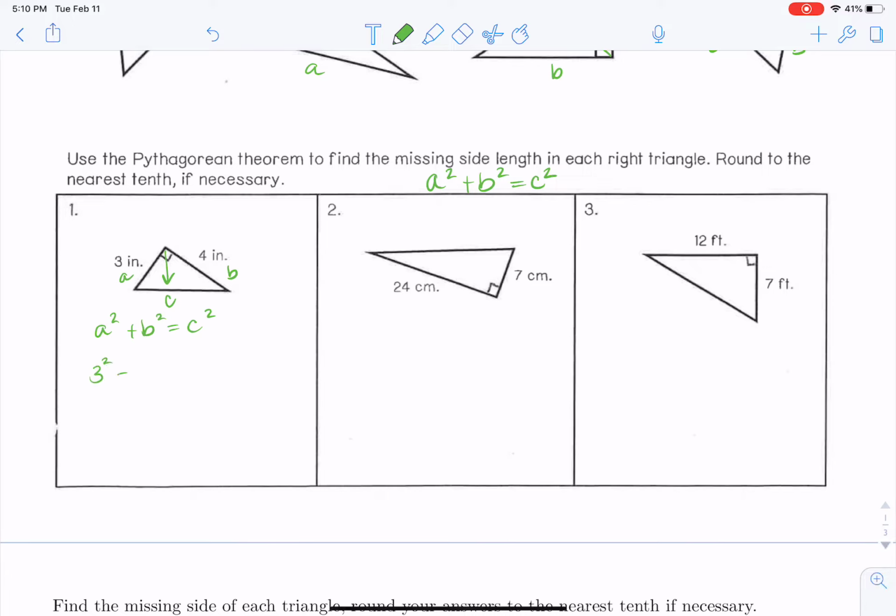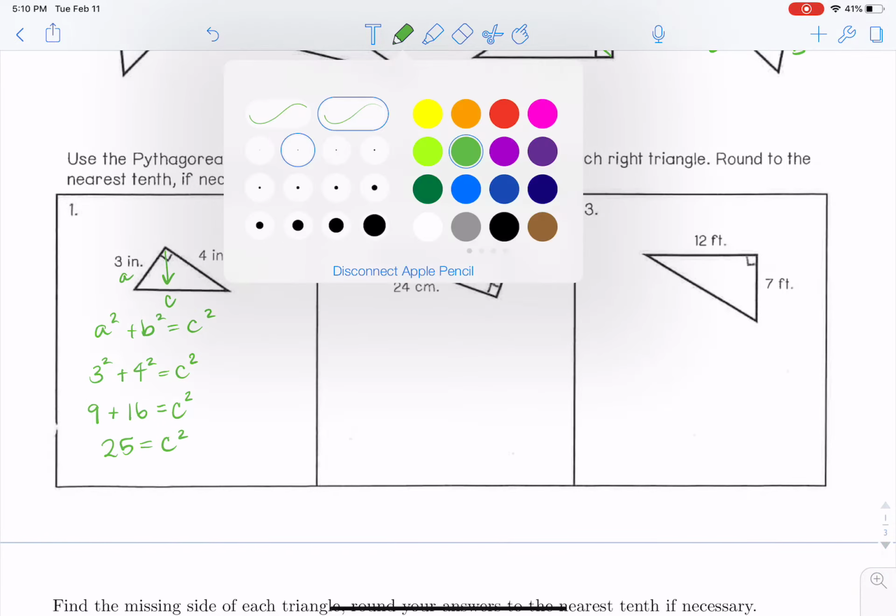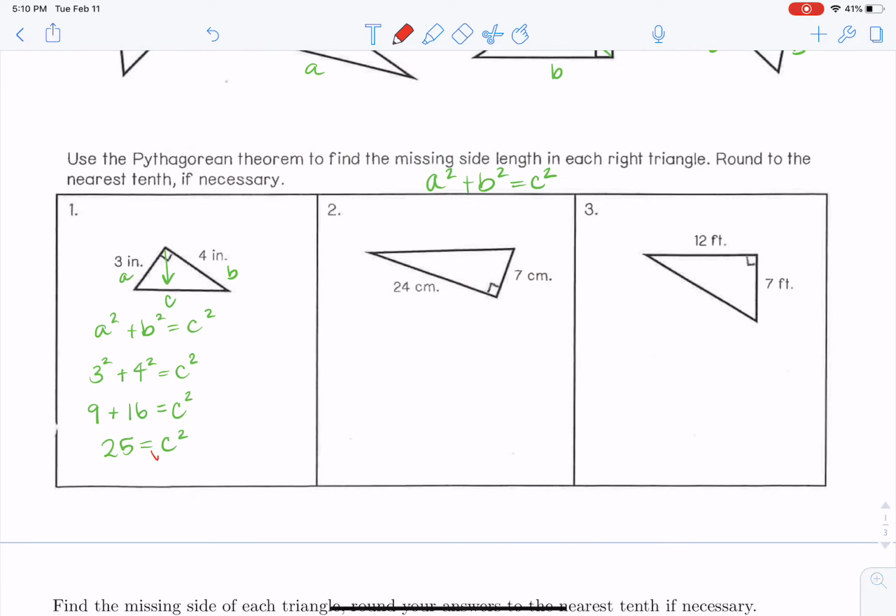So 3 squared plus 4 squared is equal to C squared. 3 squared is 9, plus 4 squared is 16, is equal to C squared. So 9 plus 16 gives me 25, equal to C squared. Since I want to know what C is, I can take the square root of both sides.